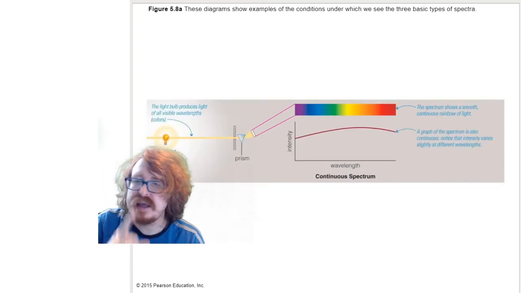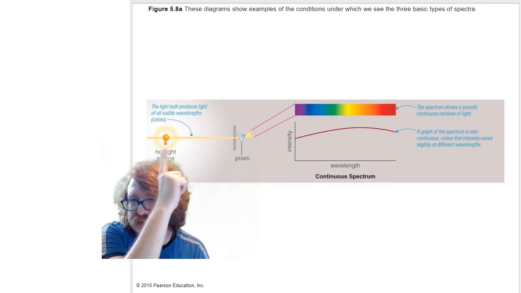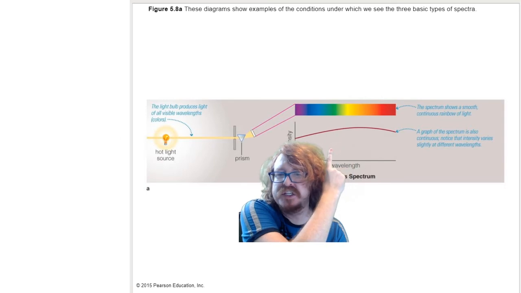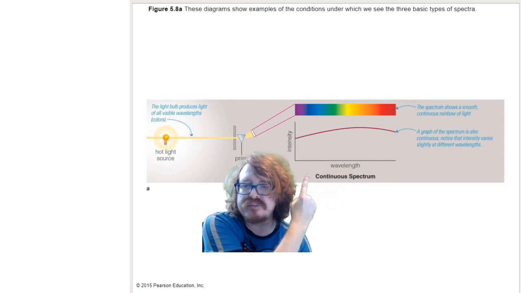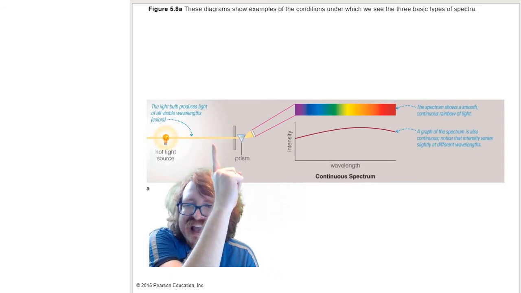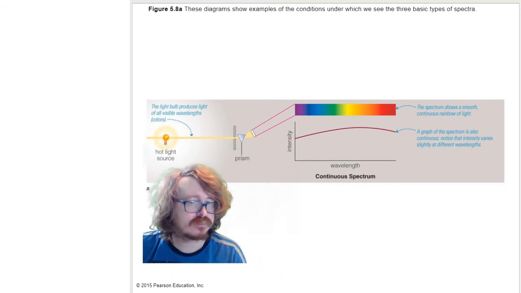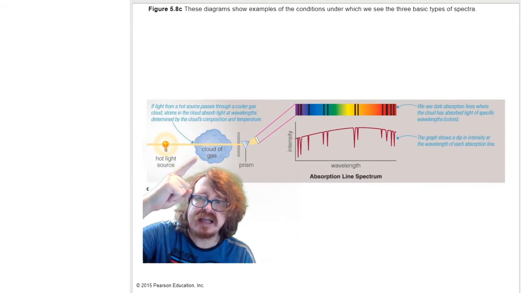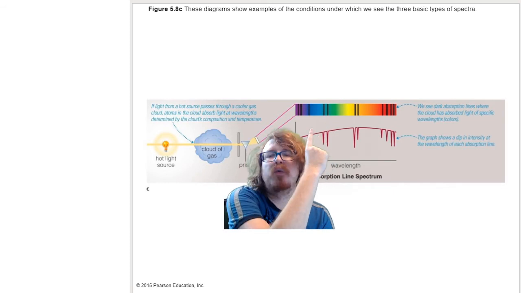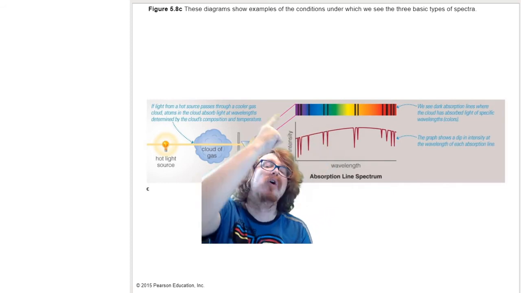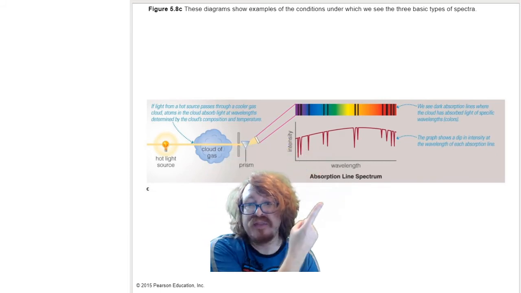So let me just go through those real quick. If you've got an absolutely perfect light source, it's going to make a continuous spectrum, which is a perfectly smooth graph. If you put a gas in the way, it will absorb some of the wavelengths, and so you've got a rainbow with a few colors missing, or a perfect curve graph with a few colors missing. That's the absorption line spectrum.